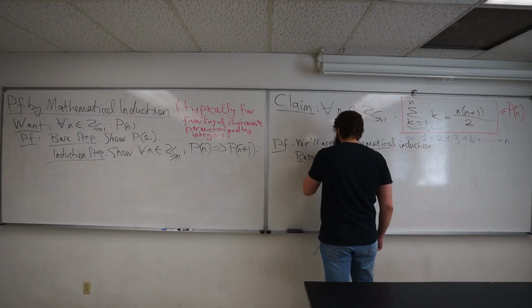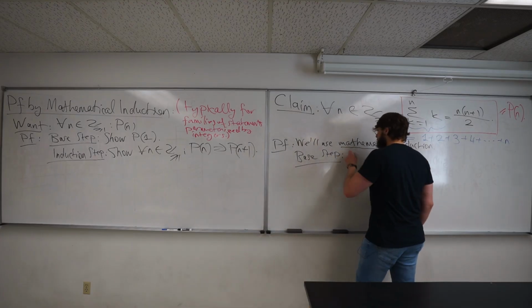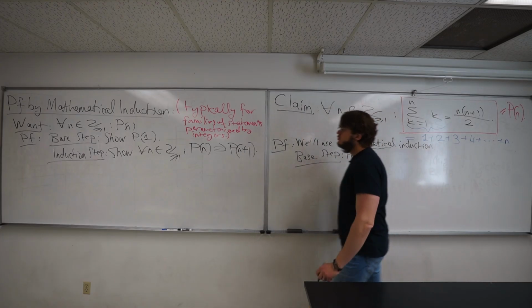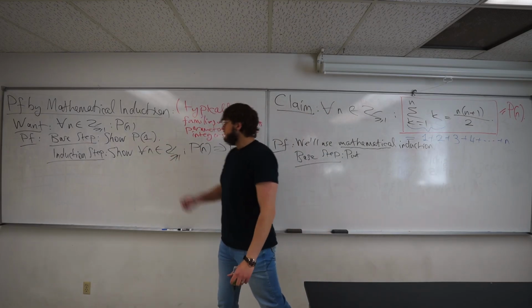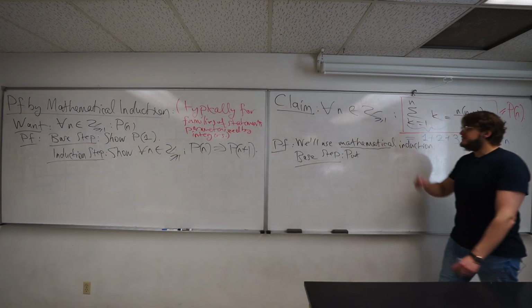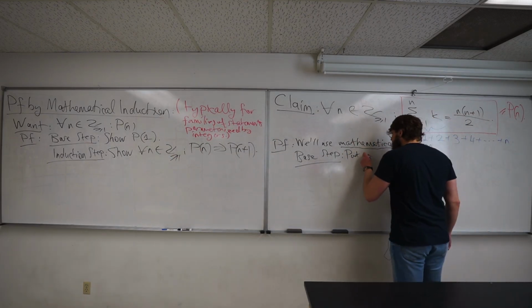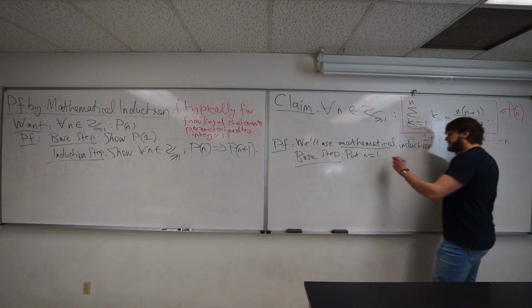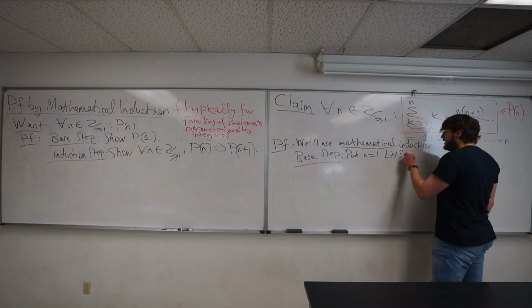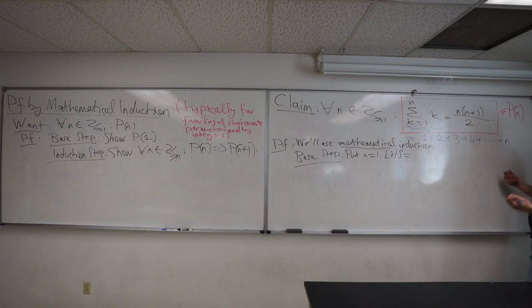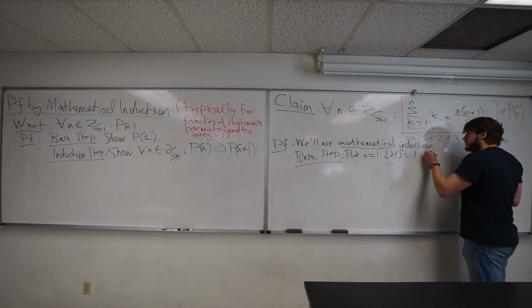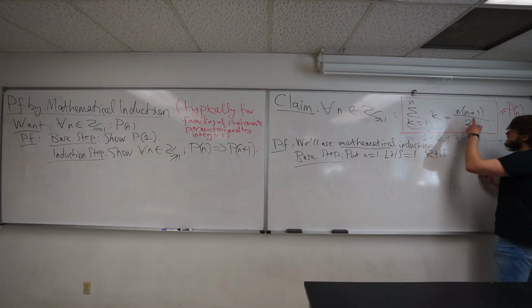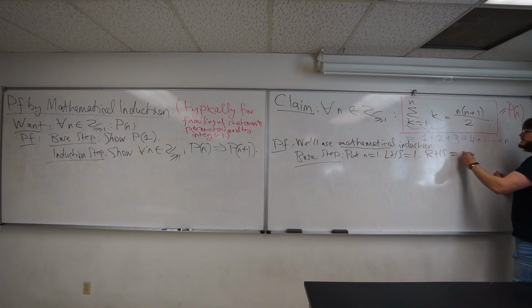Base step. What do I need to do? I need to first look at the first index. In my case, the first index is 1, so I'm going to put n to be 1. Then the left-hand side is the sum from 1 to 1, which is just 1. And the right-hand side, when I plug in n equals 1, is 1 times 2 divided by 2, which is 1.